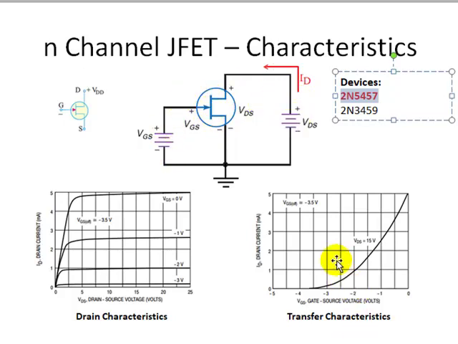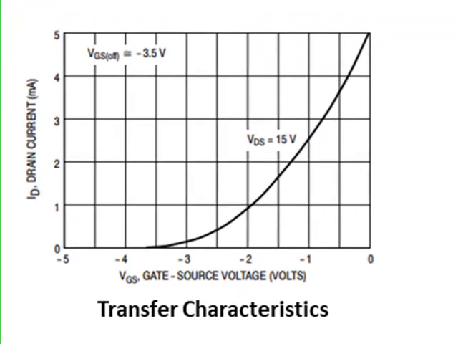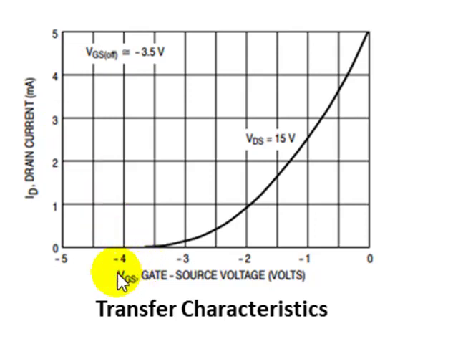So please see here the sample graph. VGS is negative, so we have to apply negative VGS, and VGS is the primary sweep variable, and we shall do it for some value of VDS.